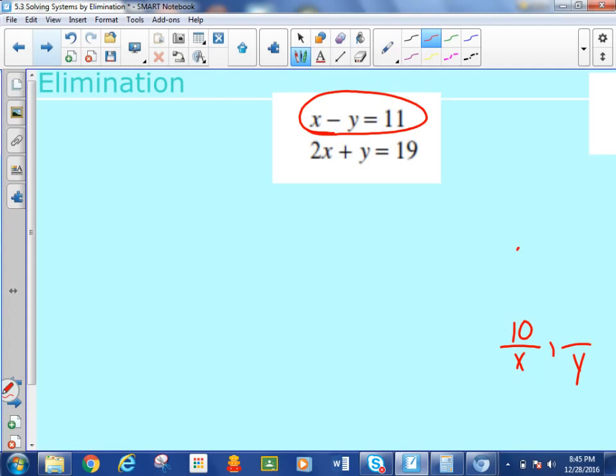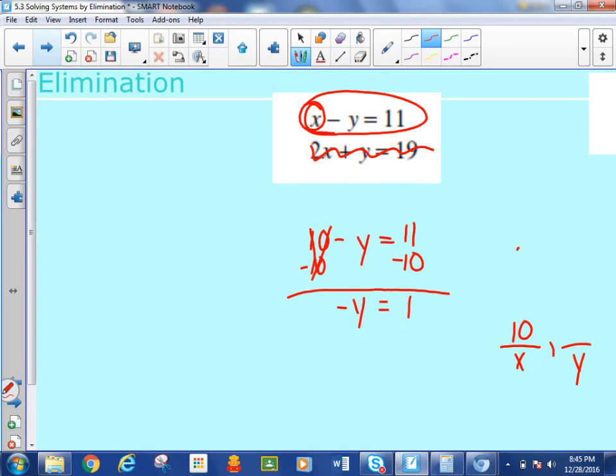I just found out that x is 10, so where I have x, I'm going to write a 10 minus y equals 11. Now to get y by itself, I would do minus 10, minus 10, and I'm noticing something about my strategy that I don't really like. We'll discuss this in just a second. So 11 minus 10 gives me 1.